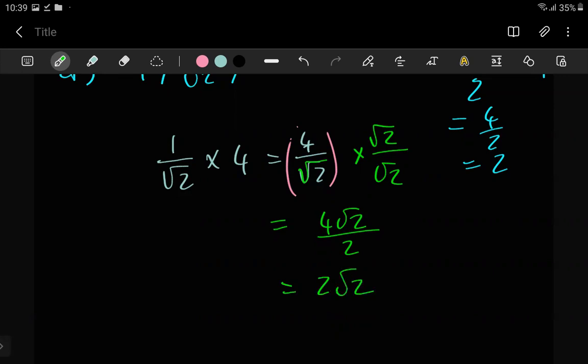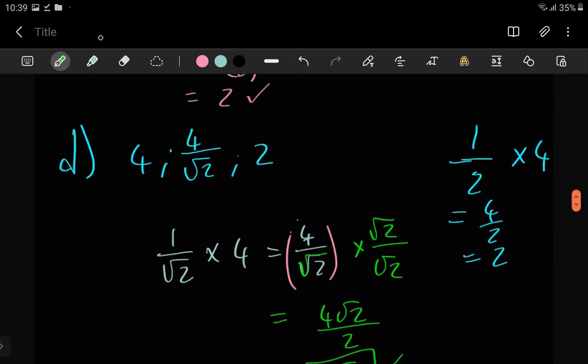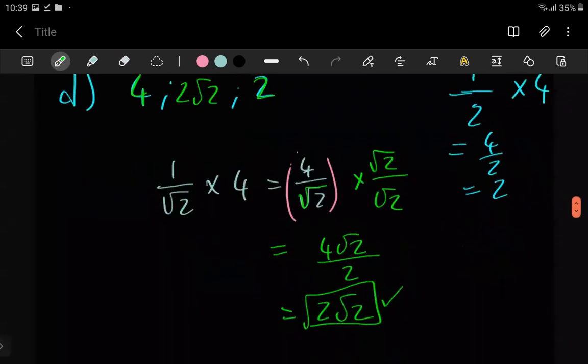Yeah, they got that one. So that's how they got the 2 square root of 2 there. You can either write it like this, or you can write it as 2 square root of 2. It is totally up to you. It doesn't make a difference. It's just what the calculator will show you. It will show you something that has been rationalized.